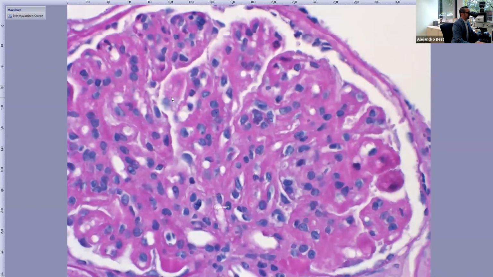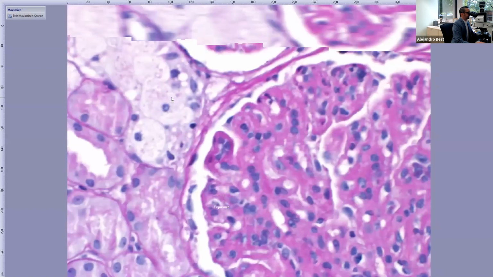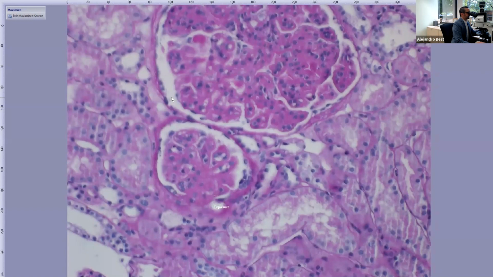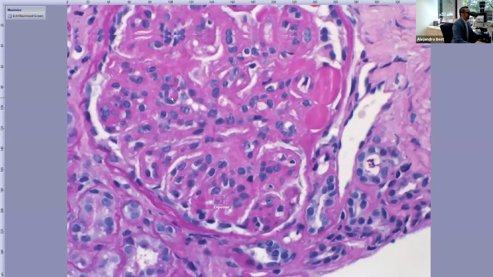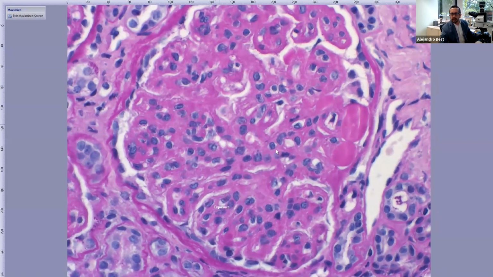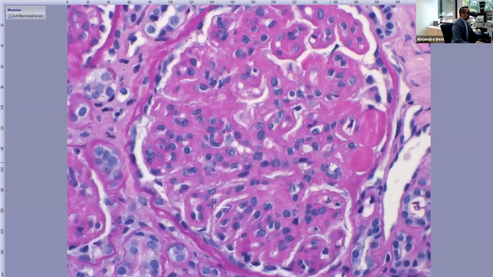Let's look at a different glomerulus. Okay. So in addition to everything we've just mentioned, there are these hot pink structures, which a lot of them are hyaline, but not all of them.